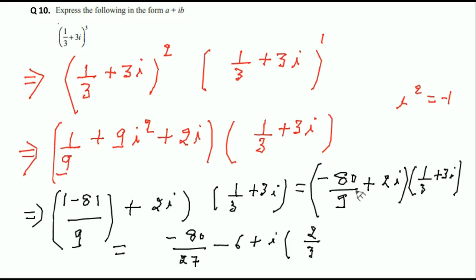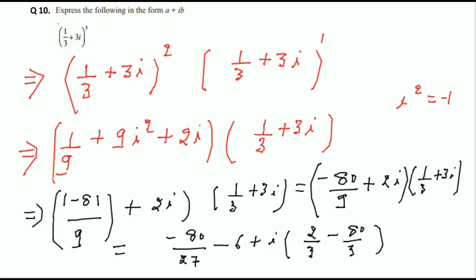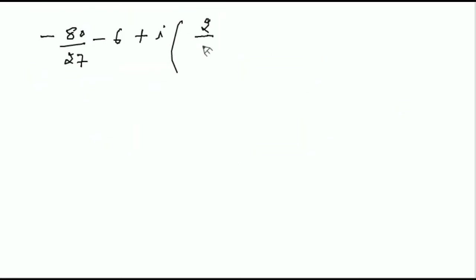Okay, and here 3 will be cancelled out, so minus 80 by 3. So let's write here: minus 80 by 27 minus 6, plus iota into (2 by 3 minus 80 by 3).